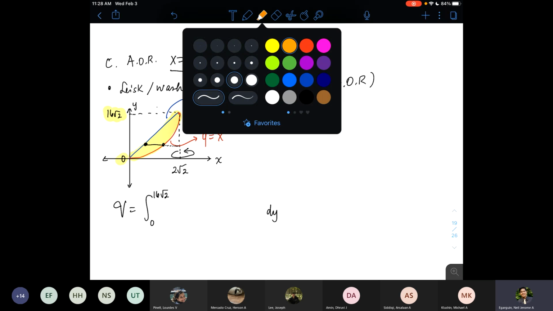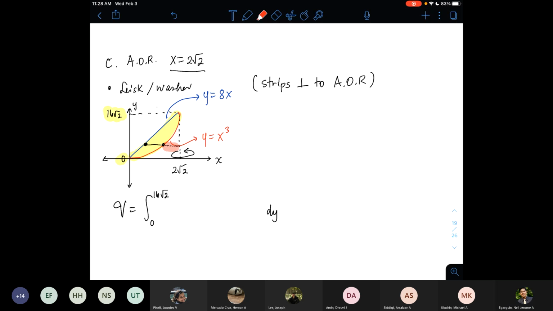If you look at this part, that is outside of the shaded region. You draw a horizontal strip coming from the AOR towards the end of the region, but part of that strip was outside of the shaded region. That tells me this is a washer, right?